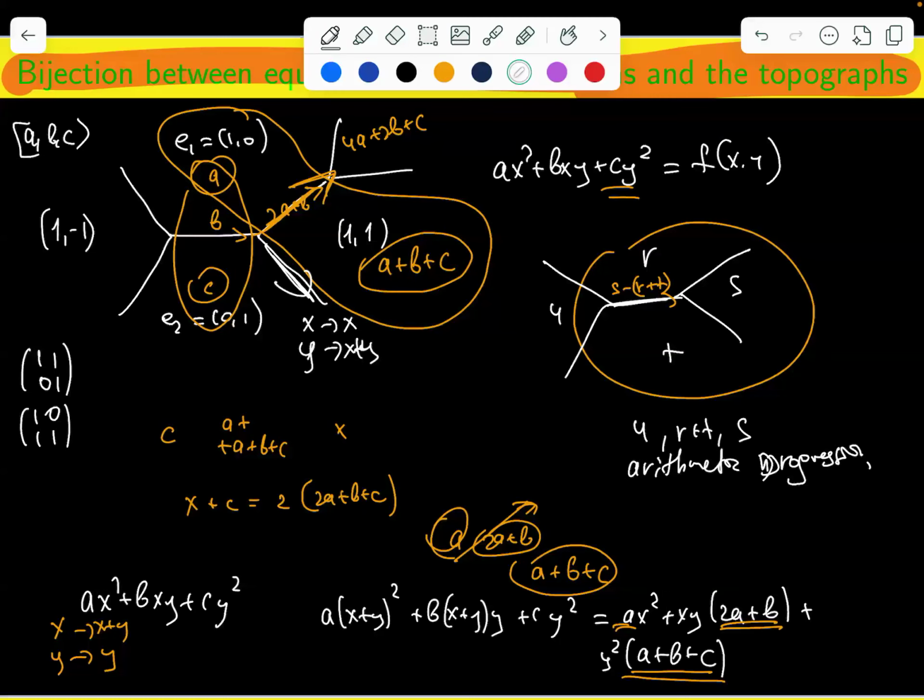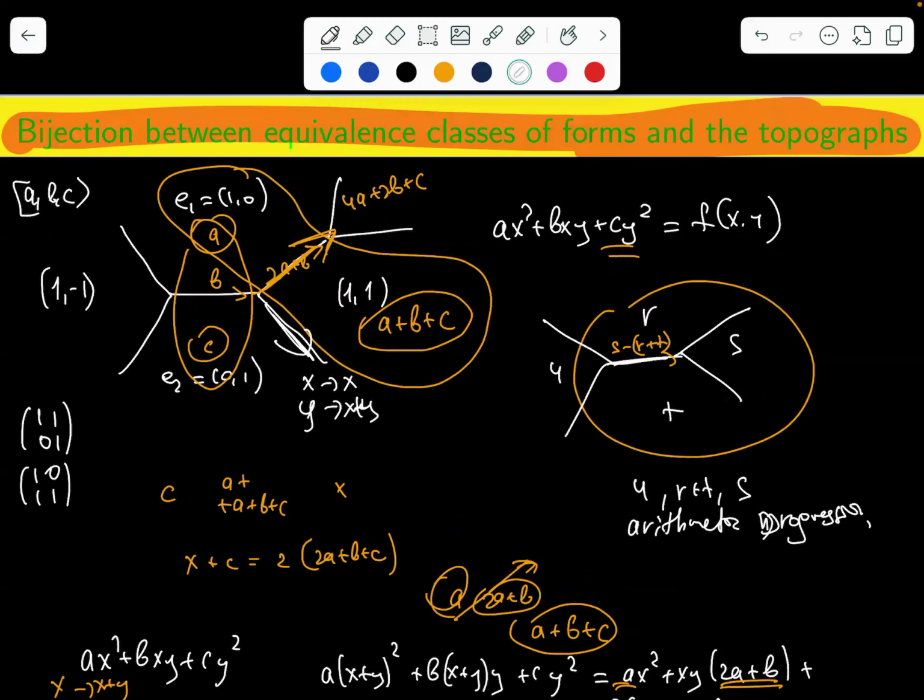Okay, so the equivalence classes of forms are in bijection with topographs. So it's just the same. If you start with ABC and you write here A, B, and C, and then you generate the whole topograph according to our rules, then all edges represent all the forms which are equivalent to the given form.